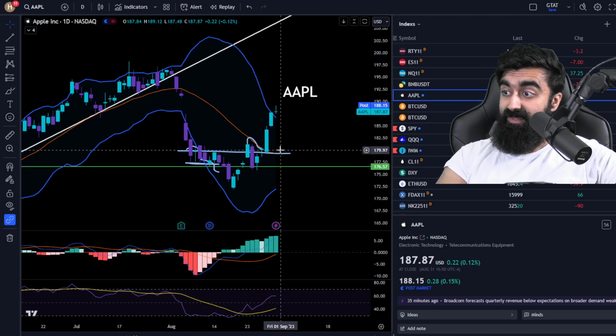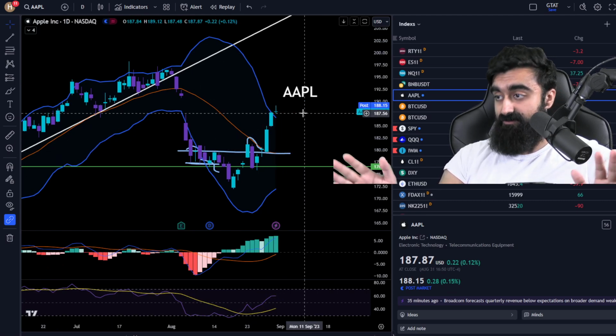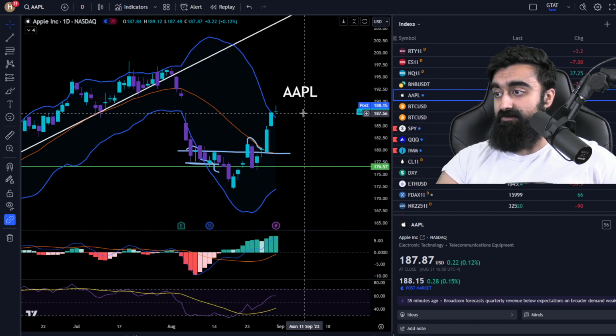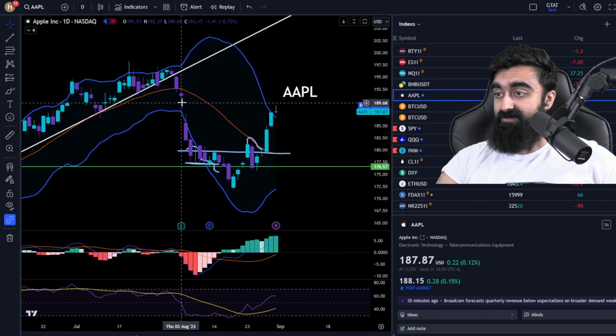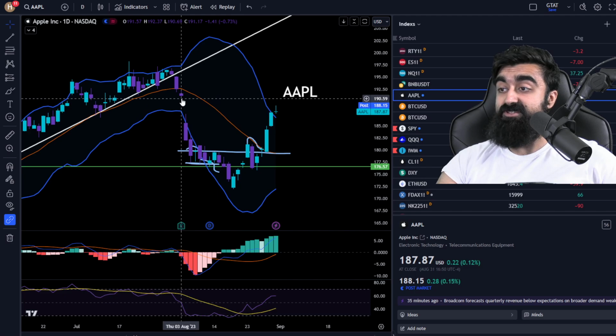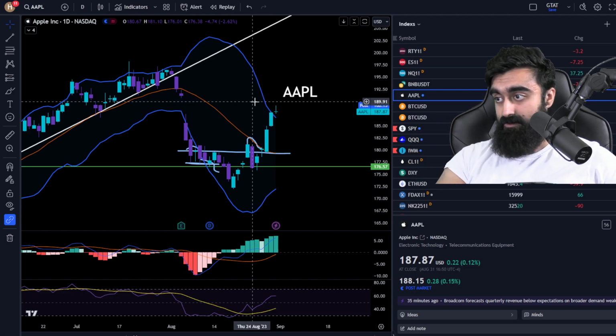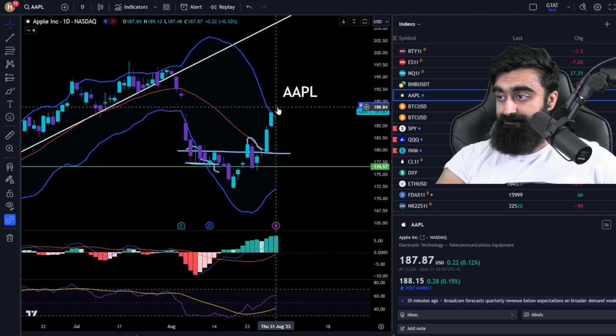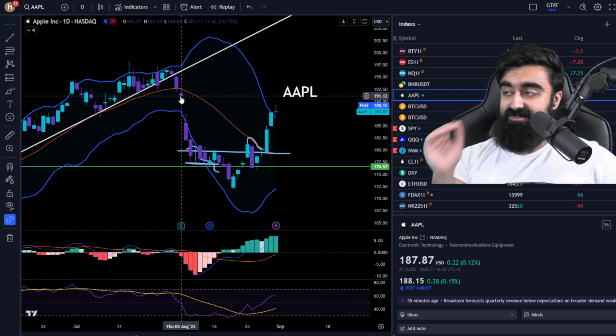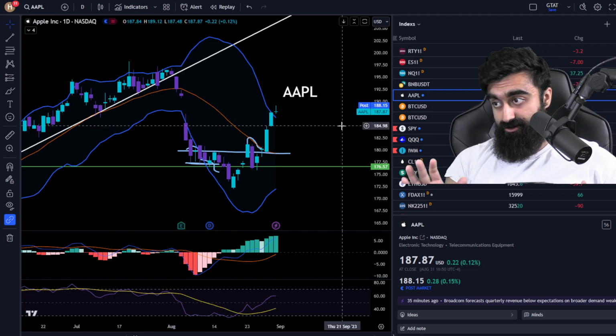Apple is pragmatically, right, breaking above that level of resistance here, and it's looking to fill this gap at 190.69. So we broke above here, and now it has a gap to fill to the upside at 190.69. But what is going on in the short term on Apple?